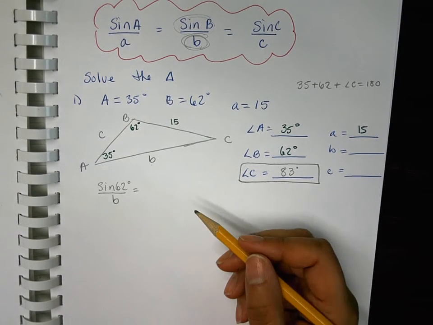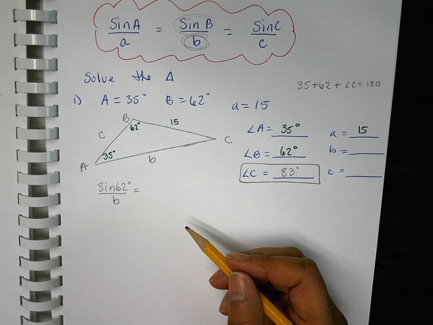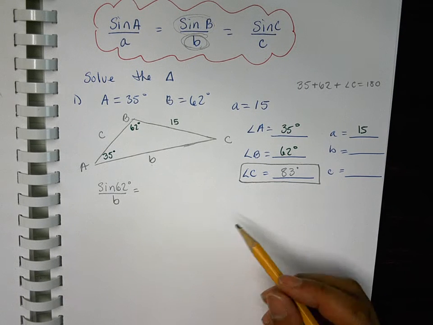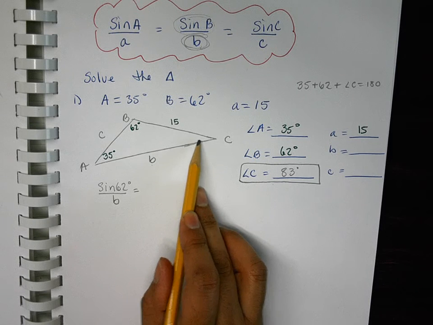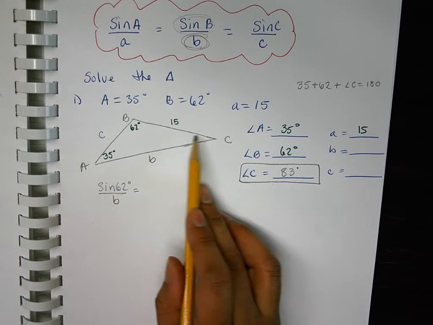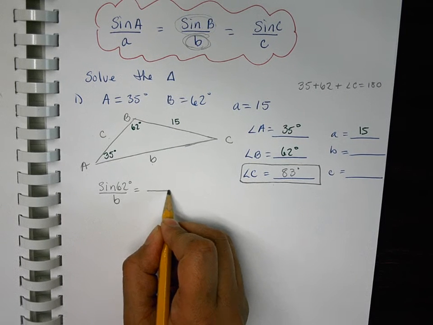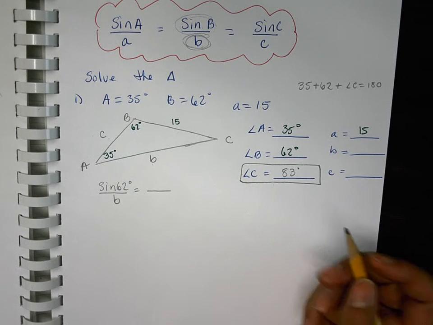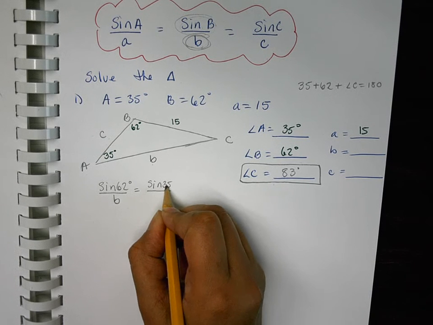Now the next fraction cannot have any variables because you can only deal with one variable at a time. So would it make sense to use angle C? Does it make sense to say sine of 83 over c? No, because then I have too many variables. So I'm forced to use which fraction for my second one? Sine of A, which is sine of 35 over 15.